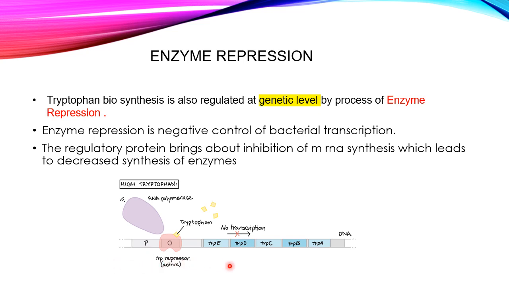Thus the entire transcription is stopped, because we need RNA polymerase to bind at the promoter region to initiate the transcription process. Therefore, there is no transcription. This is an example of enzyme repression.